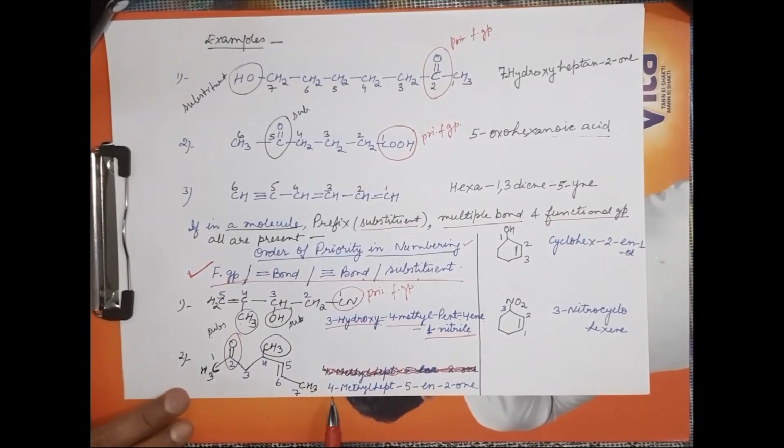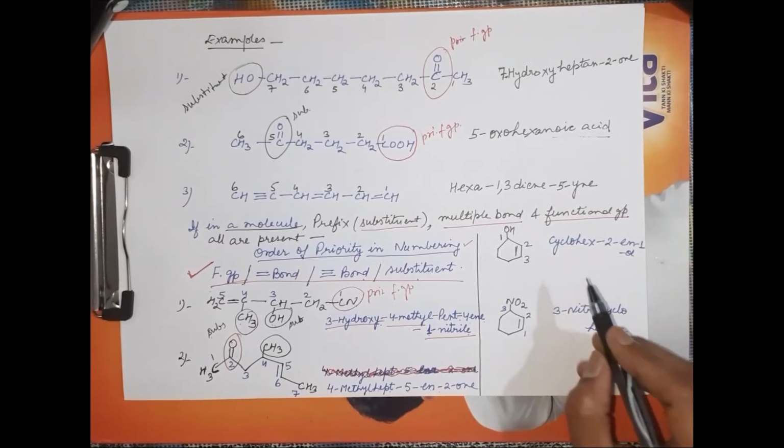So prefix will be 4-methyl, 7 carbon chain, hept, 5-ene, position of double bond, and 2-one. So this will be the name. Once again I will repeat: 4-methyl, 7 carbon parent chain, hept, 5-ene, 2-one. This will be the name.